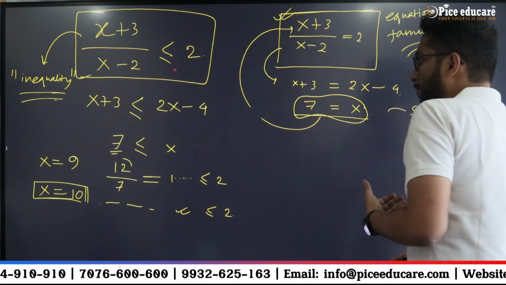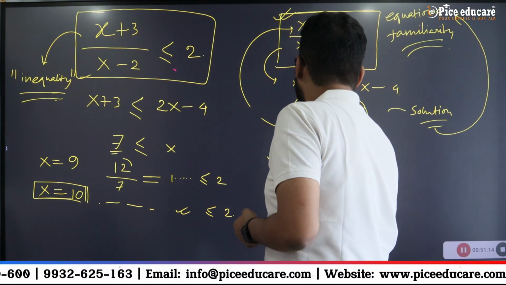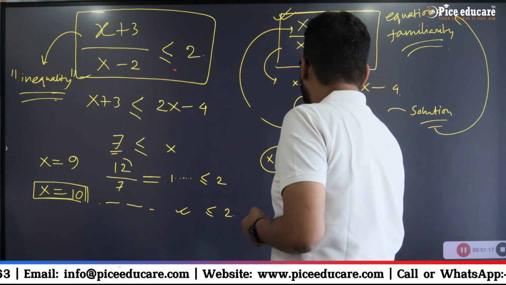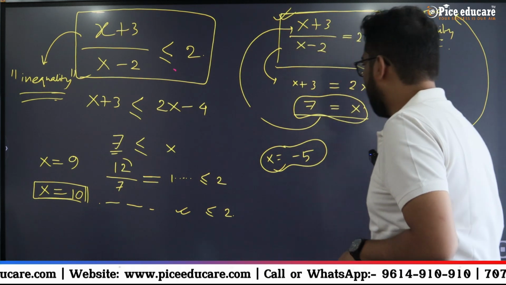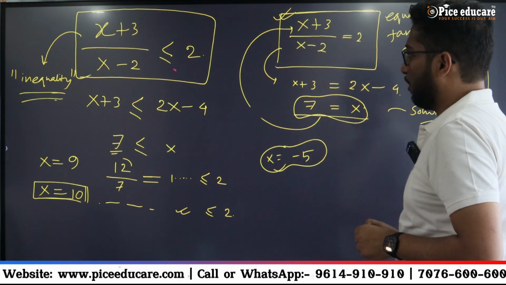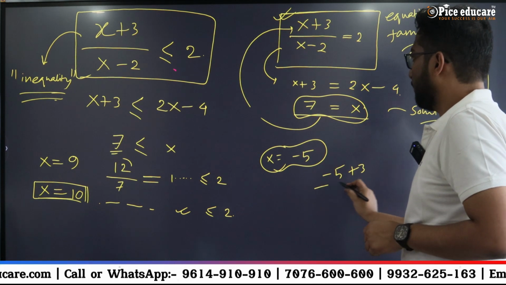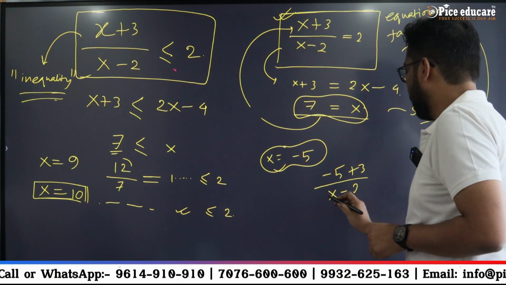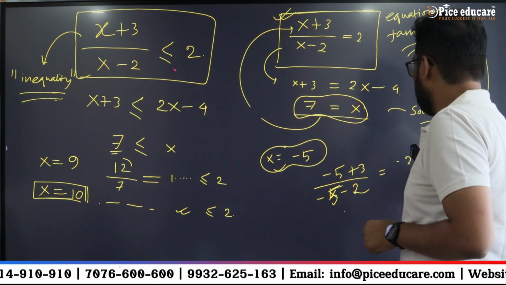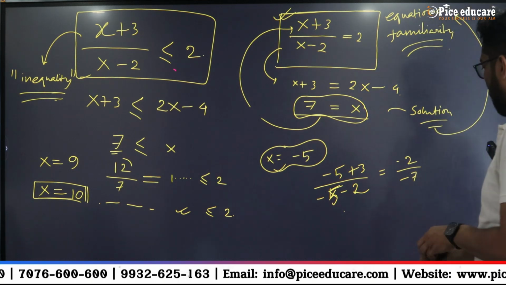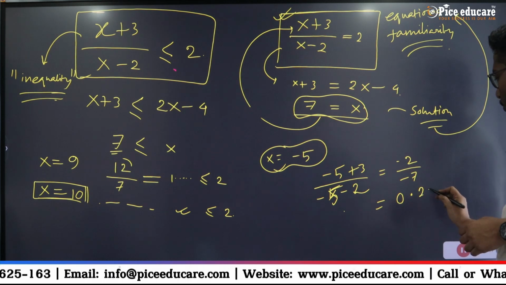if I go for x equal to -5, in that case, what is the situation? I have -5 plus 3 divided by -5 minus 2, which is -2 by -7. So of course this quantity is 0.2 and something.